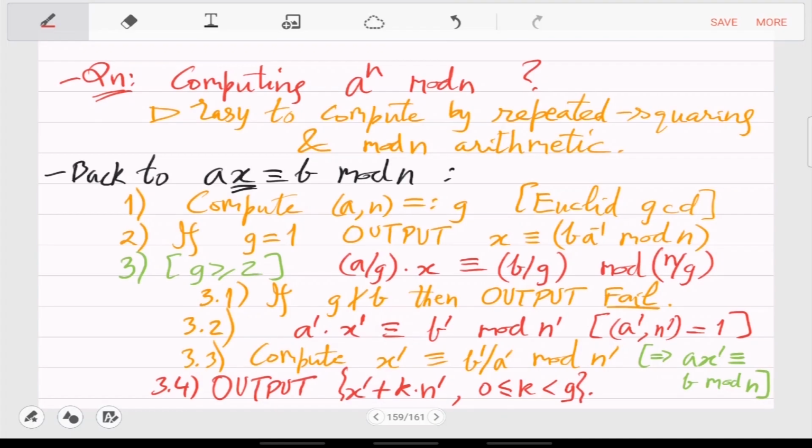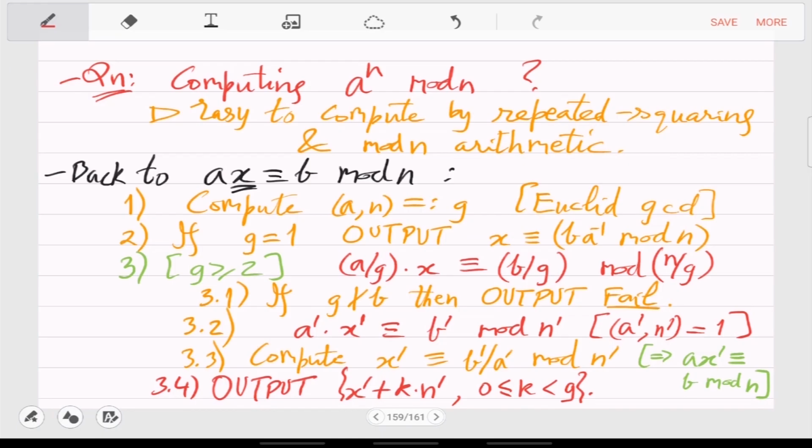Is this clear? You can easily check that if you take any of these numbers, so let's say G was 2, right? So there are two numbers, x prime and x prime plus N prime. Any of these numbers, if you multiply by A, then you should get B mod N. Is that clear? If you don't see that, then you should definitely do this as an exercise. Then you will see that it's obvious.